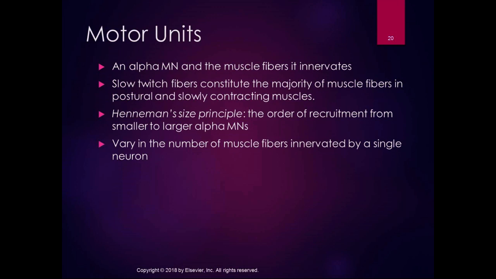But some other muscles, like the muscles around the eyes, have about 2.5 muscle fibers per alpha motor neuron because you need more precise control of your eye muscles than you do of your gastroc. Makes sense, right? So the motor unit is that single alpha motor neuron and the muscle fibers that it innervates.